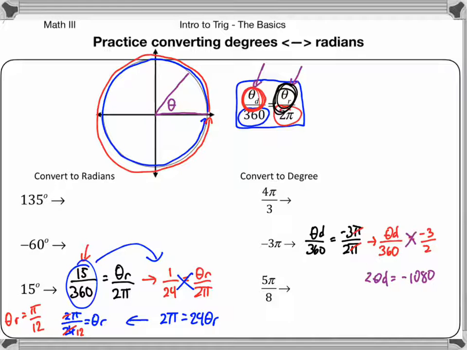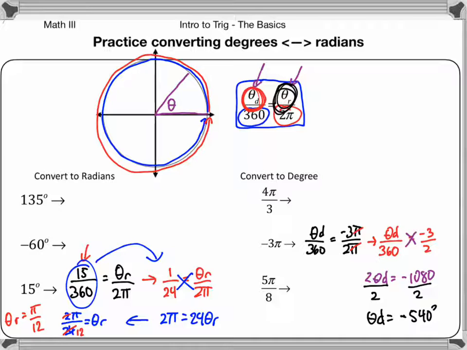And then I'm going to divide each side by 2. And that degree measure is going to be negative 540 degrees.